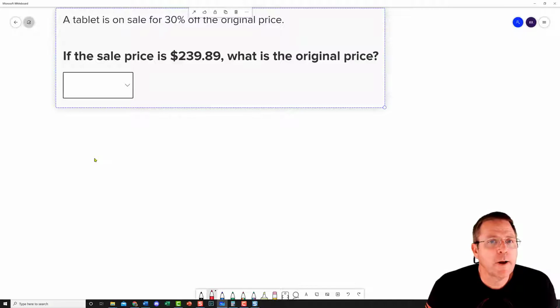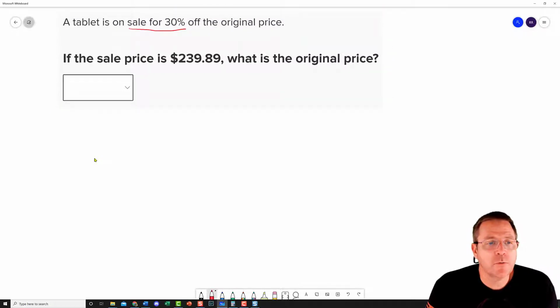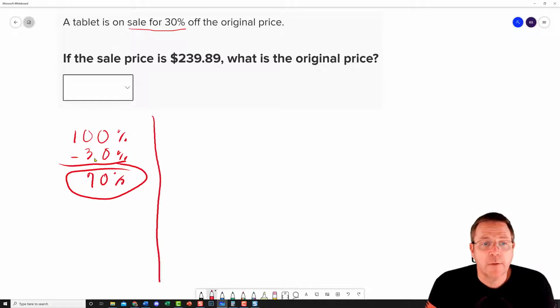I start off by finding out, well, if the sale is 30% off, that means we're still paying 100% minus 30%, which is going to equal 70%. That is how much money is still being paid. So with that, we can set up our proportion.